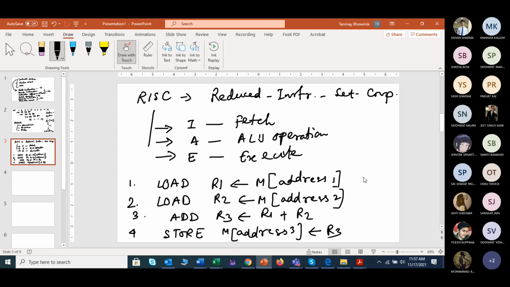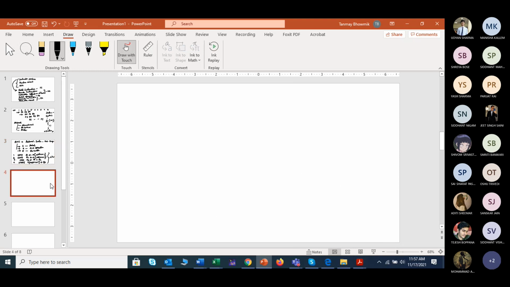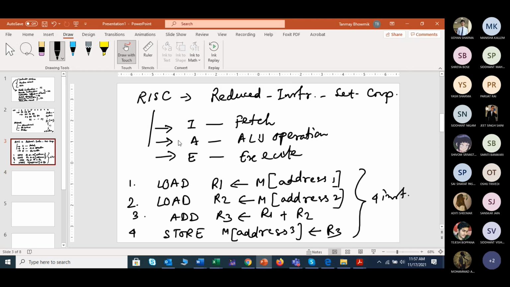Say you are trying to execute all these 4 instructions in a pipeline system, right? How many instructions are there? 4 instructions. So now if you try to write it using these 3 steps, like fetch instruction, ALU operation and execute instruction, then how can you manage them? So that should be checked, right?